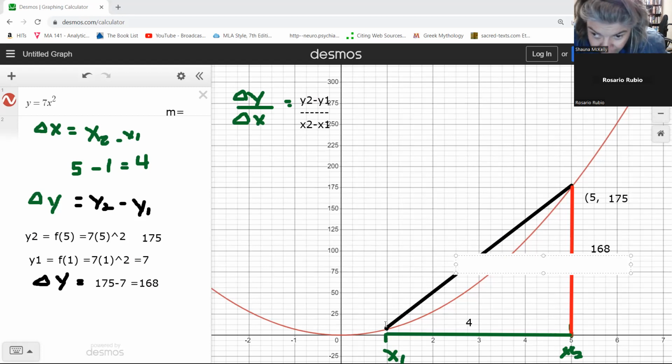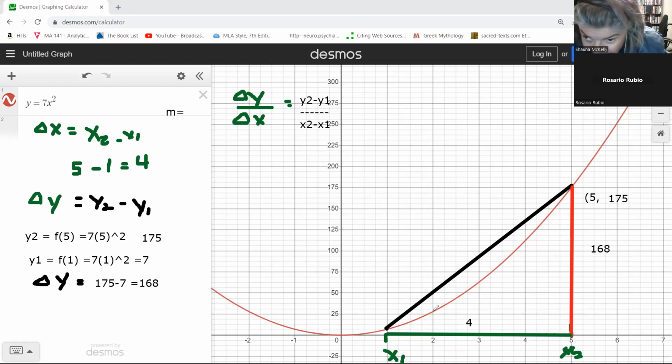If this X moves, like if I draw another line, my black line, it's the slope. Well, it's not the slope. The slope is how slanted this line is. Yeah, got it. If it's more, yes.